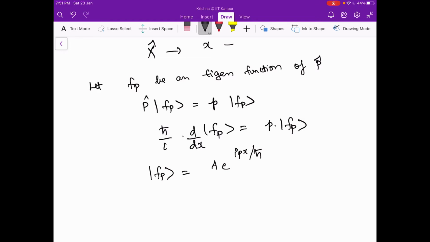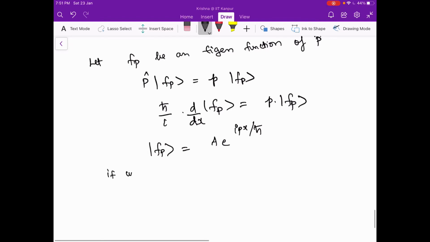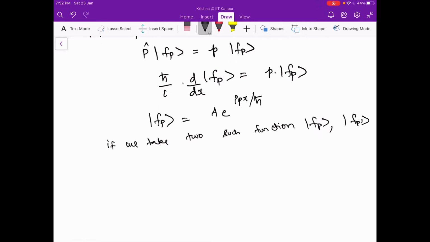So if we take two such functions, f_p and f_p dash, two eigenfunctions of p, we want to calculate the inner product of these. What's the inner product?